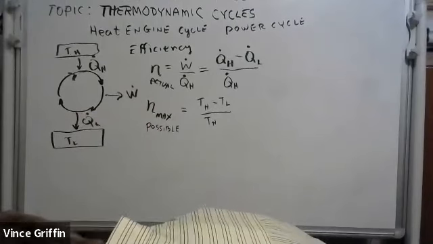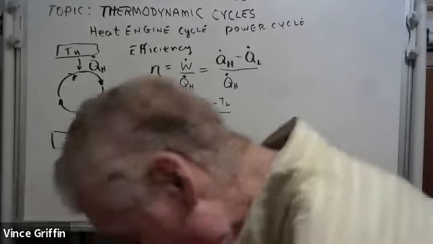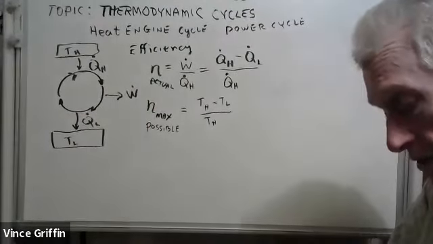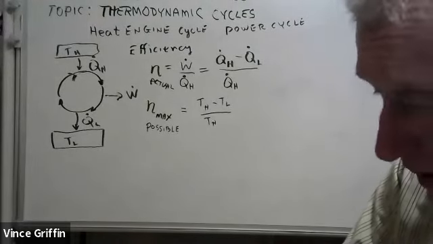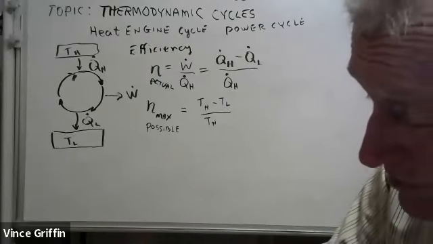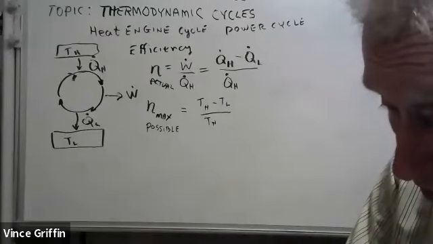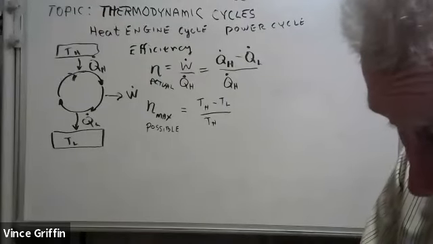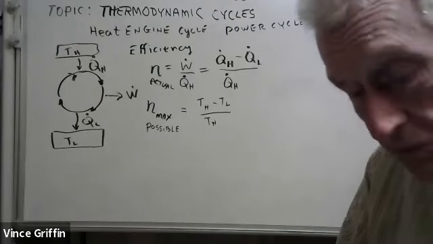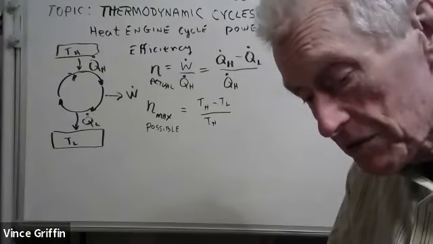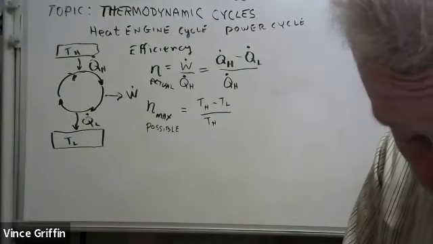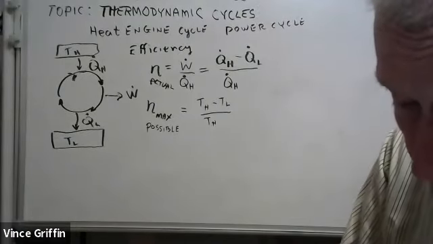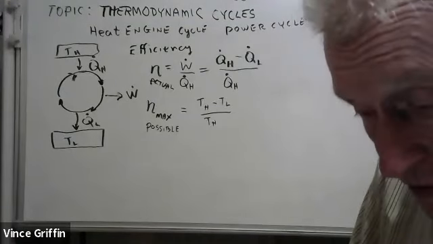And I want to warn you, there are no perfect engines. The car engine sadly only gets somewhere around 20 to 30% efficiency. So for every dollar's worth of gas, you're getting 25 cents worth of power. But some cars are more efficient than others.